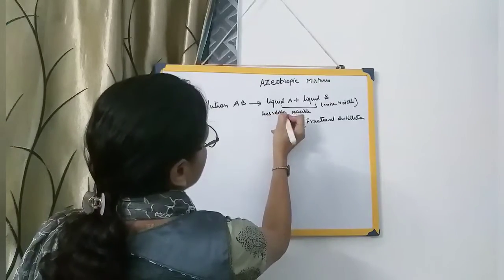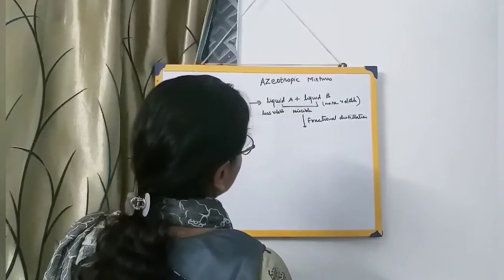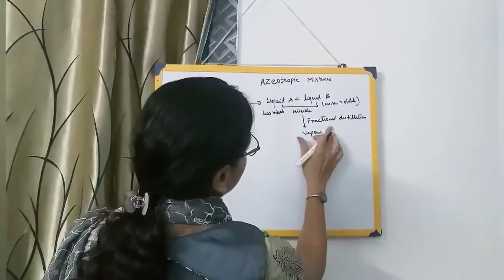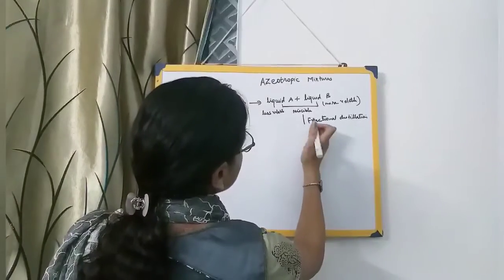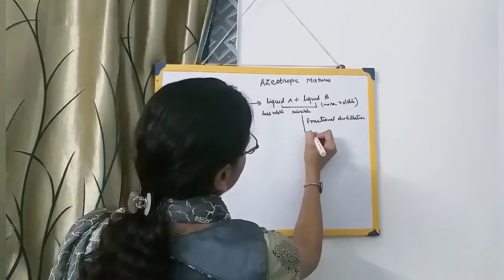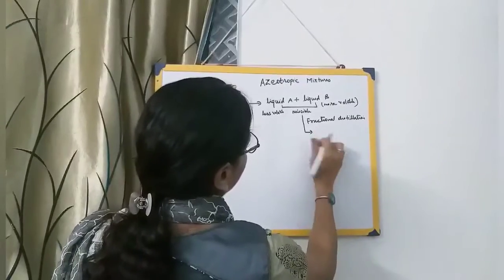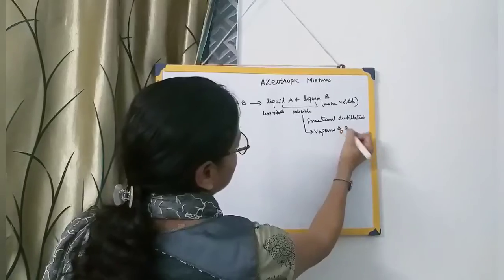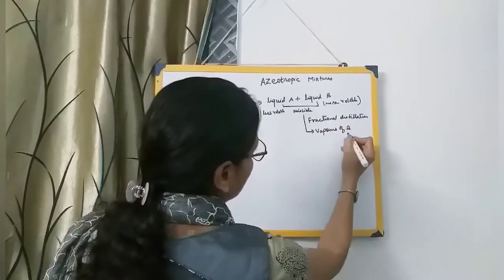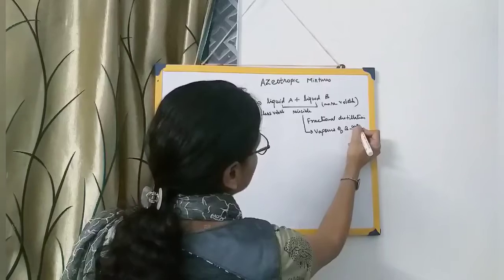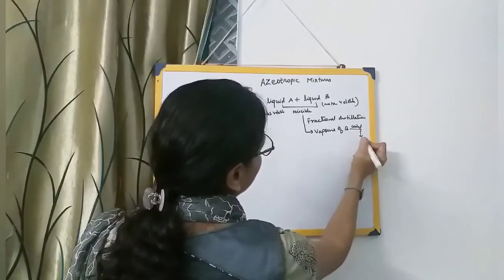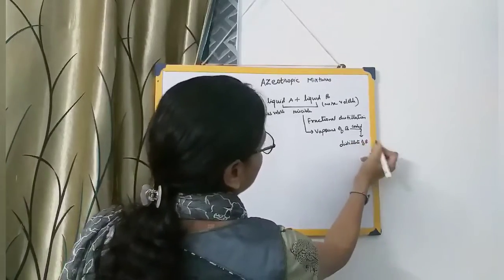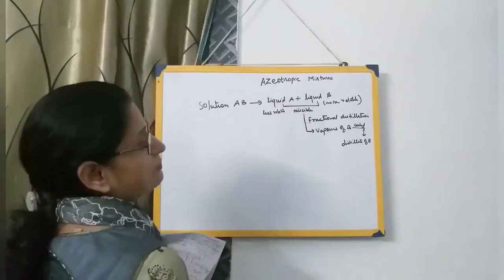So when subjected to fractional distillation, the vapors of B will be collected first. These vapors are then cooled, and we get the distillate of B. That means B gets separated and A remains behind.